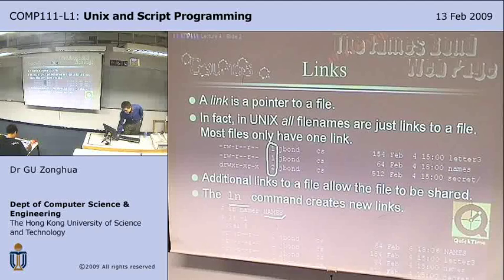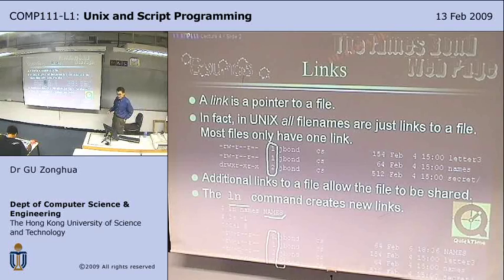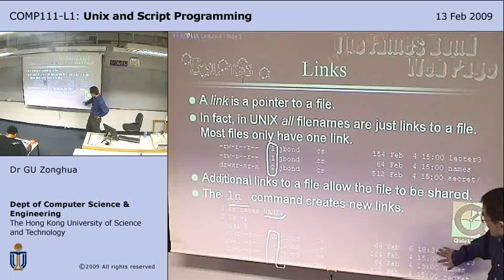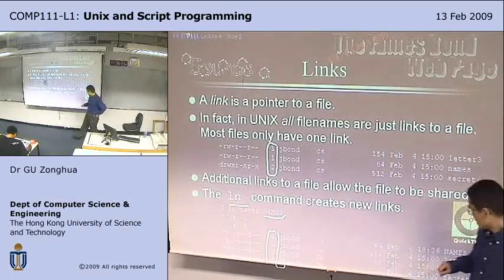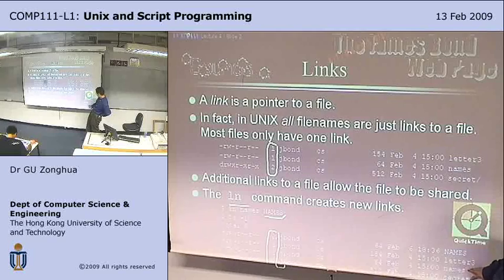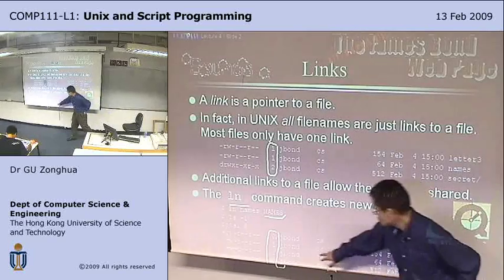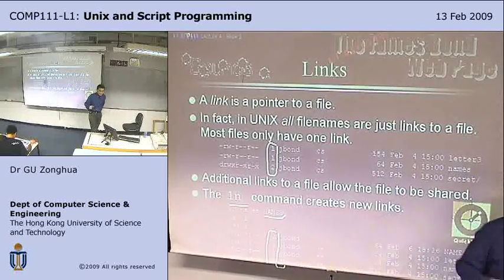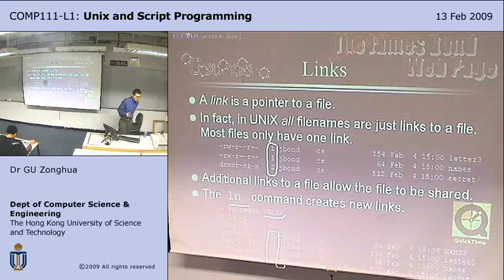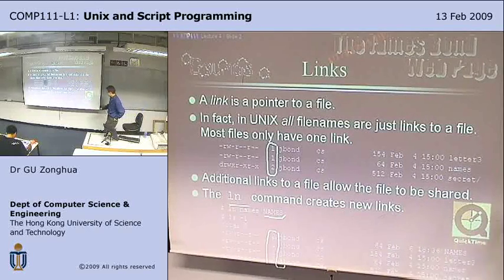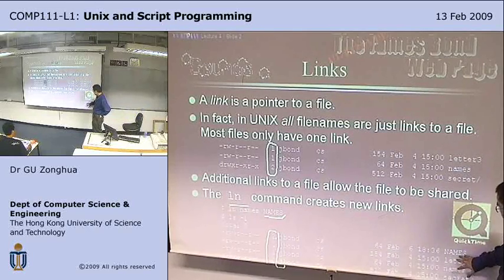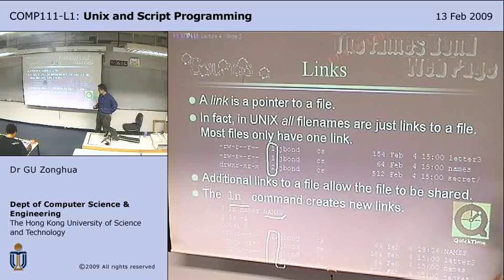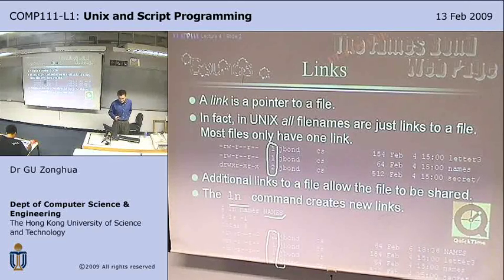Now you see the number of links in capital Names is 2, and in lowercase names is 2, which means this particular file has 2 links to it. One is the lowercase, one is the uppercase Names. But they point to the same physical file on the disk.